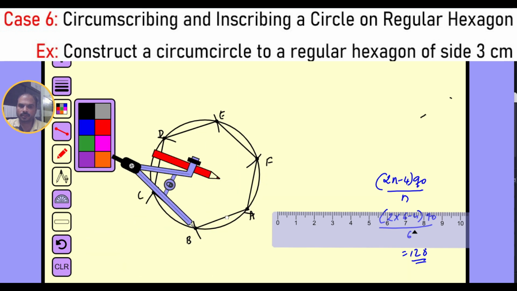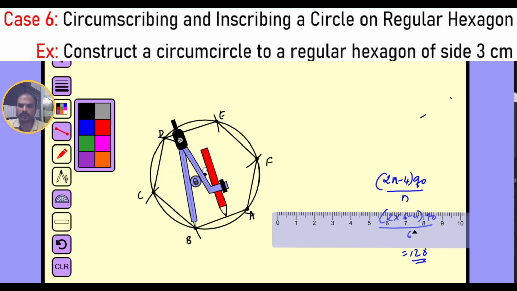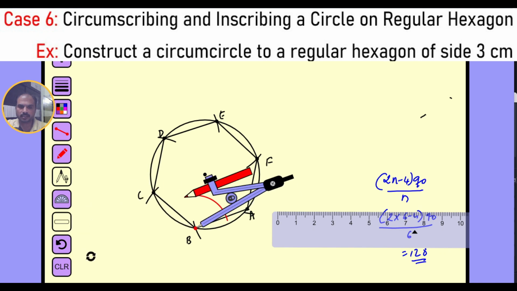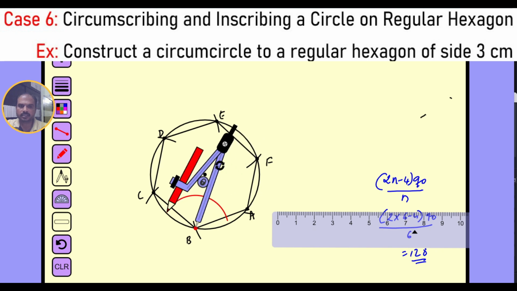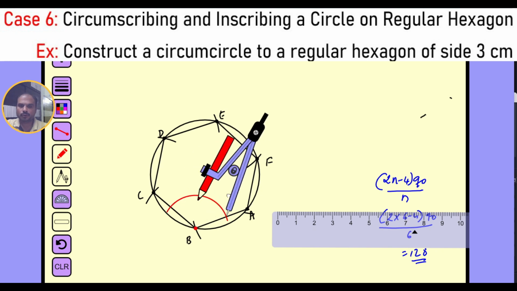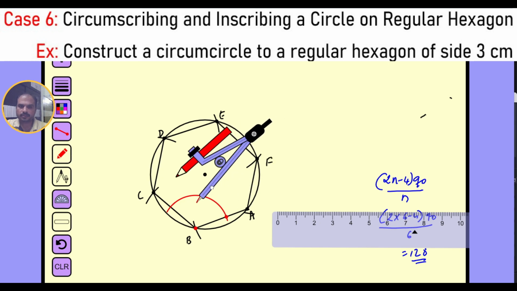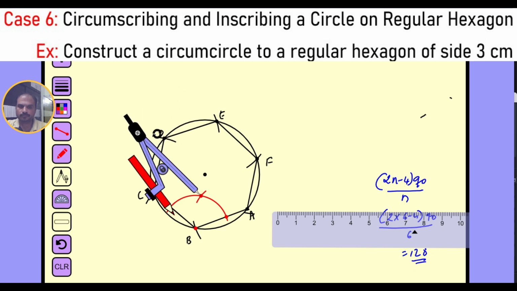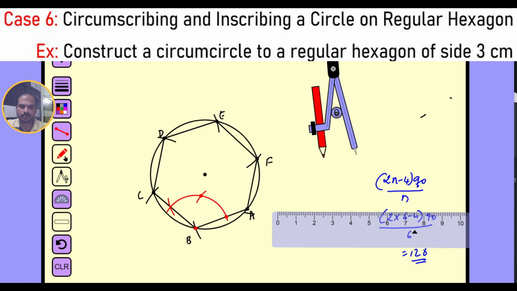The evaluator should feel that you have constructed the actual 120 degree. The evaluator should not feel that you constructed the circle first and later the hexagon. That hint should not be given to the evaluator. So you have to do that accurate a construction. See how accurately it is coming over here.